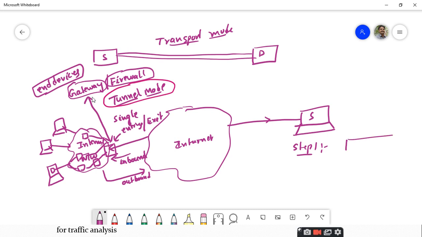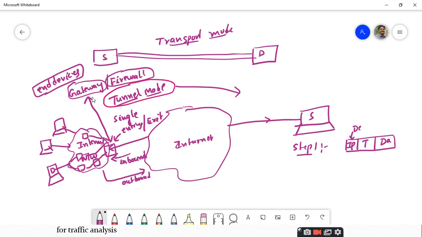So it will prepare the IP packet like this: data, TCP and IP. And remember that you are using the tunnel mode. Let me call this the inner IP packet. It consists of the destination address. Let us call the data as DA and the destination address as DE.